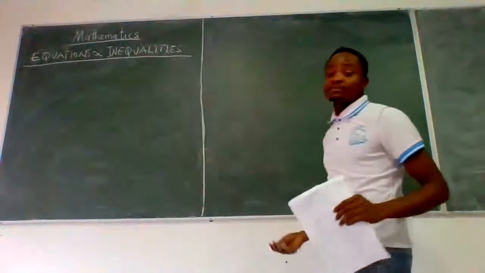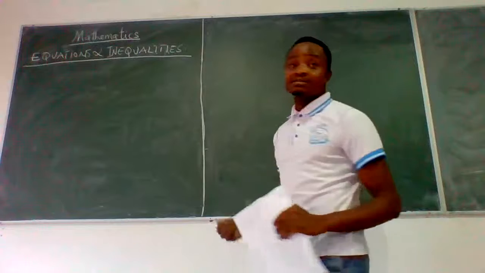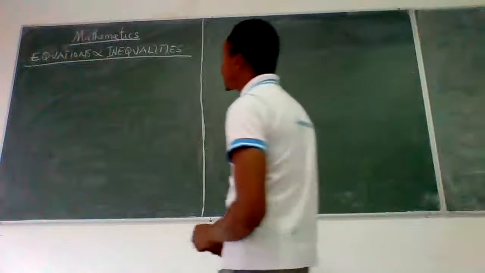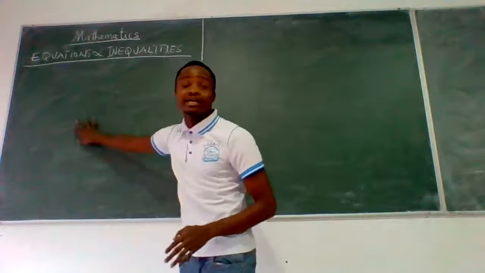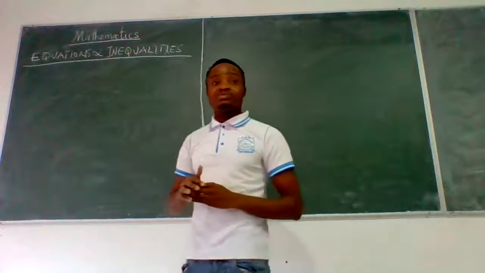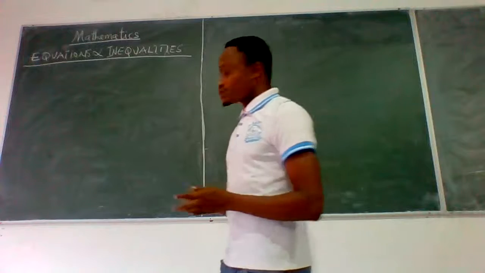When you say equation, what does it mean? And when we say inequality, what does it mean? An equation is any statement that preserves an equal sign between two mathematical statements or expressions.